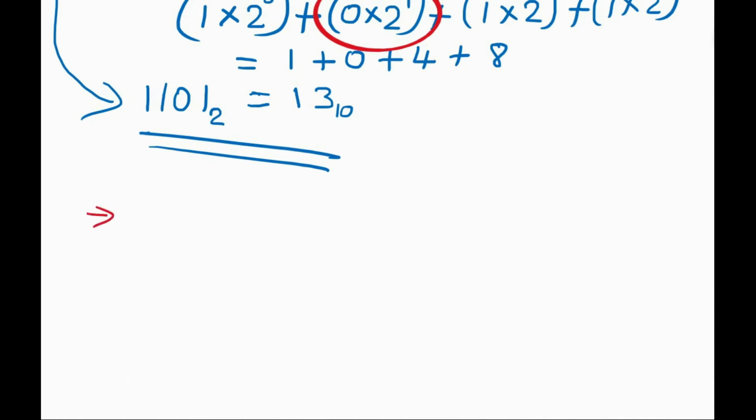Convert 1000.101, base 2, to decimal. No need of brackets and all.